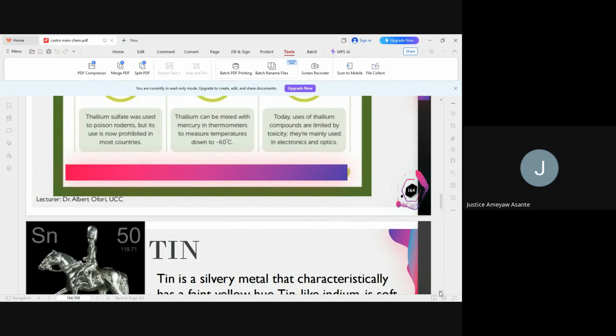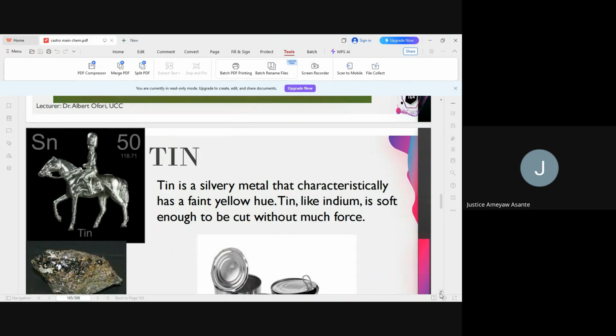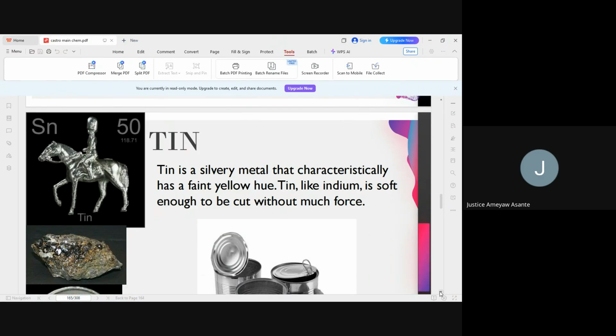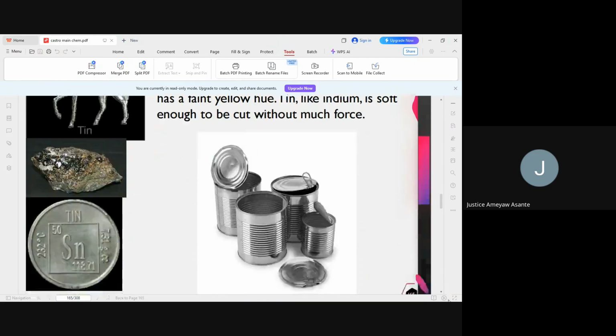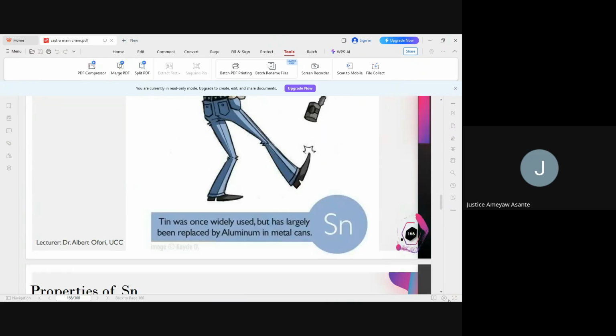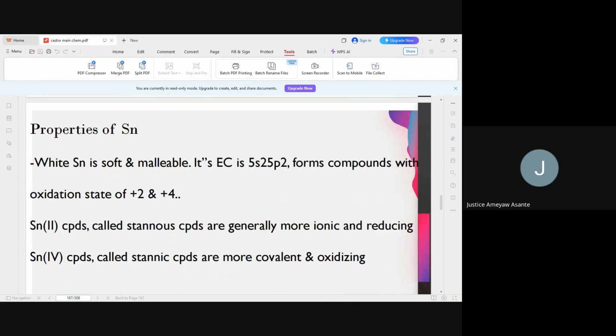Then the other one there is tin. Tin is a silvery metal that has a faint yellow cast. Tin, like indium, is soft enough to be cut without much force. Properties.